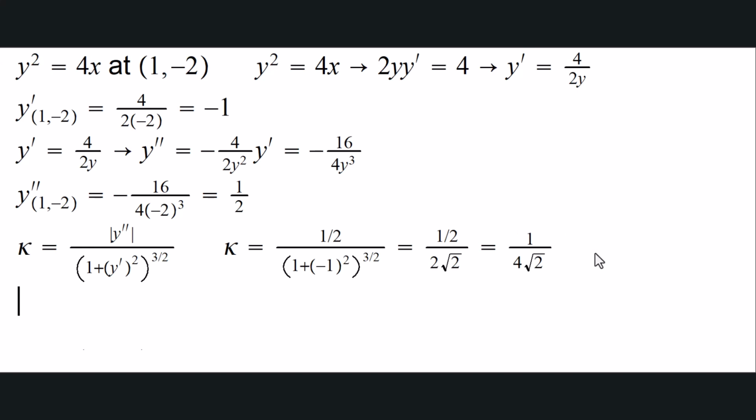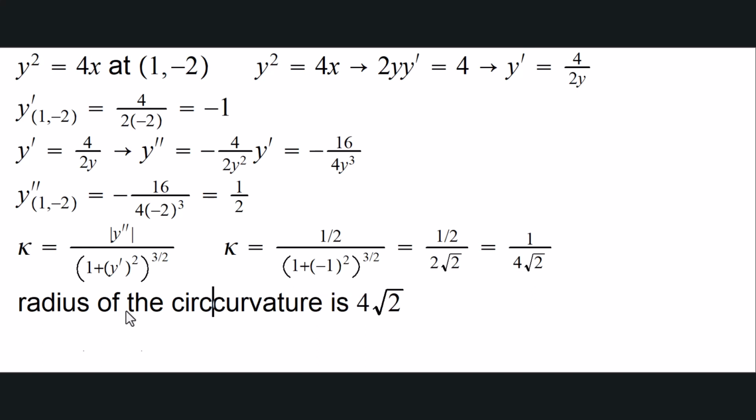So the radius of curvature, or the radius of the circle of curvature, is 4 square root of 2.